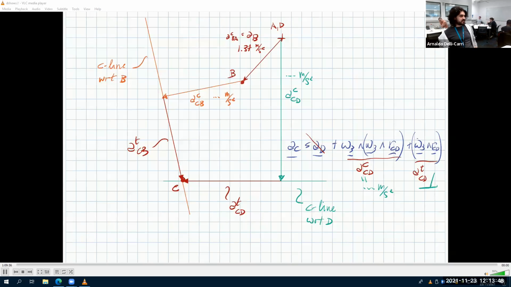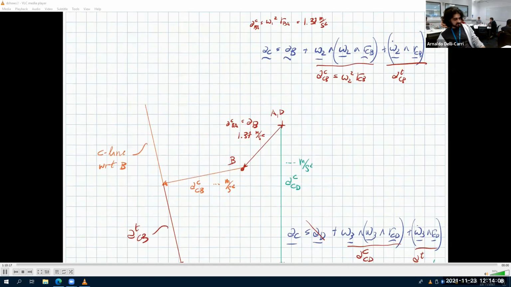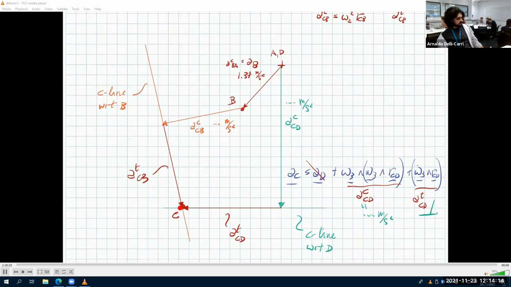But what is AC? Well, AC is the sum of 0 plus this plus this. So it is the hypotenuse of this triangle, AC, this plus this in a vector way, or it is AB plus ACCB plus ATCB.